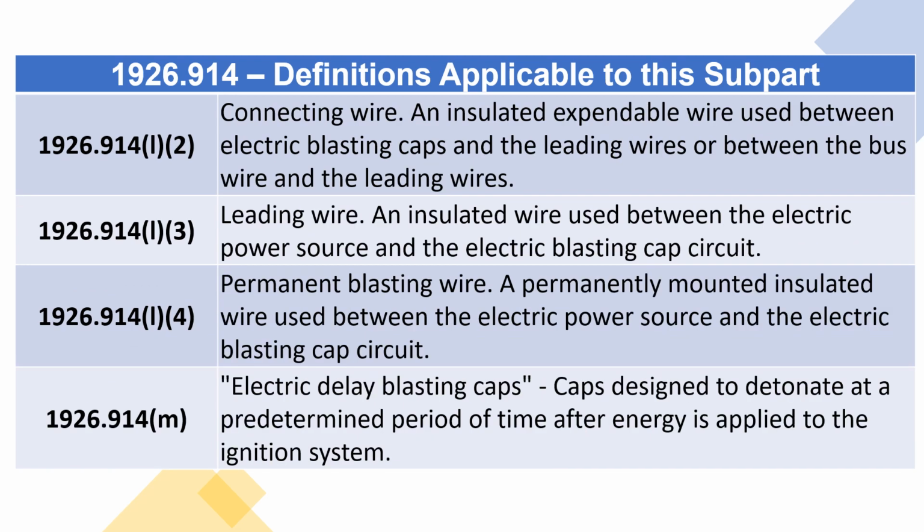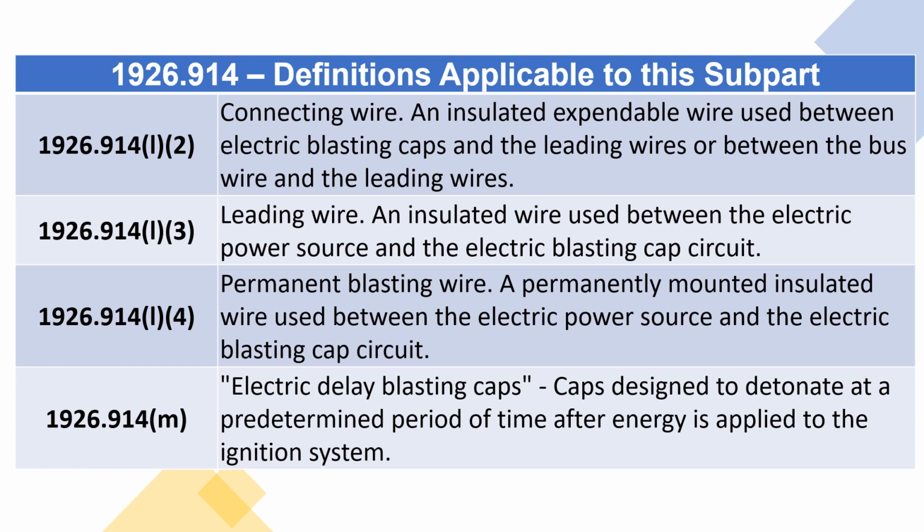1926.914(l)(2). Connecting wire. An insulated expendable wire used between electric blasting caps and the leading wires or between the bus wire and the leading wires. 1926.914(l)(3). Leading wire. An insulated wire used between the electric power source and the electric blasting cap circuit. 1926.914(l)(4).